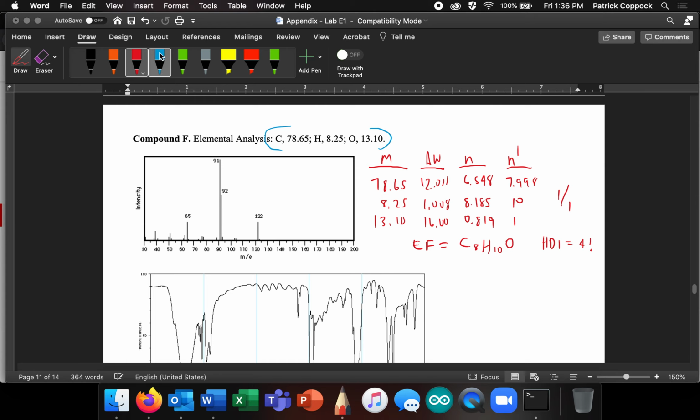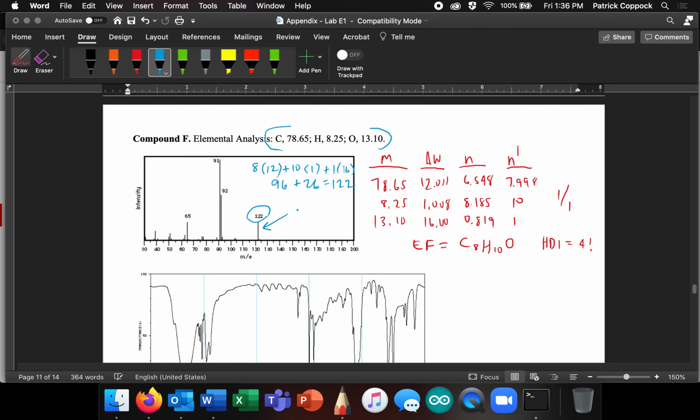Okay, let's go on to the next color and say 8 times 12 plus 10 times 1 plus 1 times 16 equals 96 plus 26 equals 122, which is right here, okay?